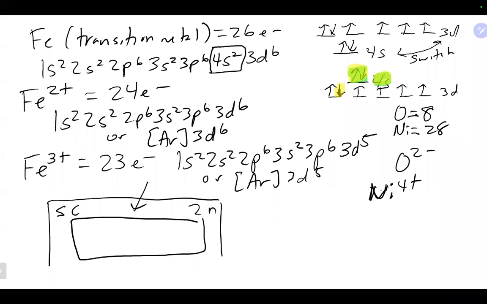Okay, let's take a look here. We'll go oxygen and nickel. So we got oxygen, which with no charge is 8, and we wrote the electron configuration previously, 1s2, 2s2, 2p4 in this case. Oxygen with a -2 means the minus, it has gained electrons.